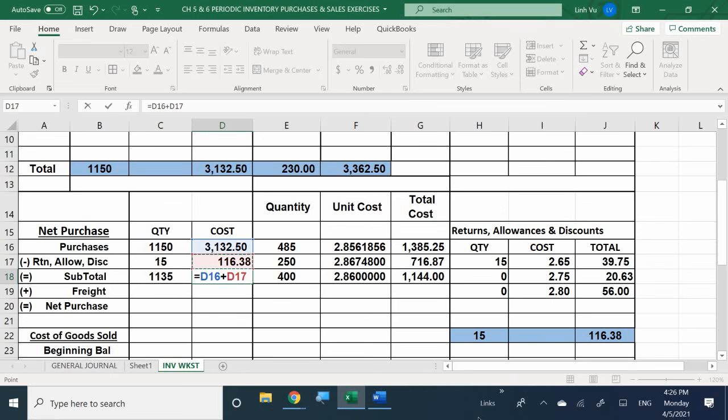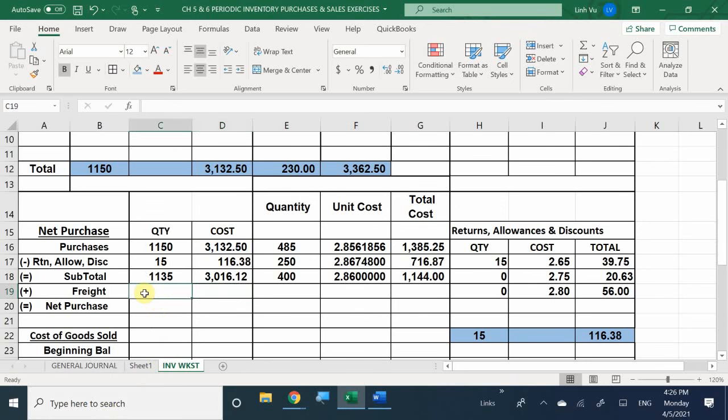What is my total minus my total cost now? 30.16 with 12 cents. Good. Freight once again does not increase in quantity, but it does increase in cost by 2.30. Okay.